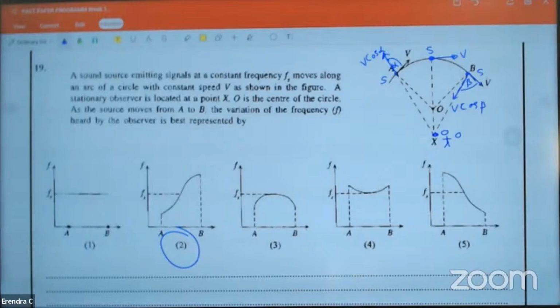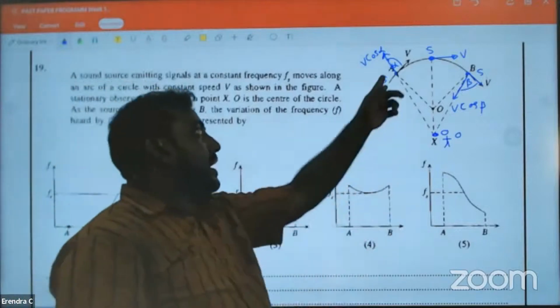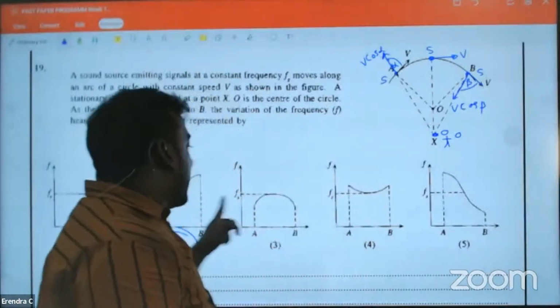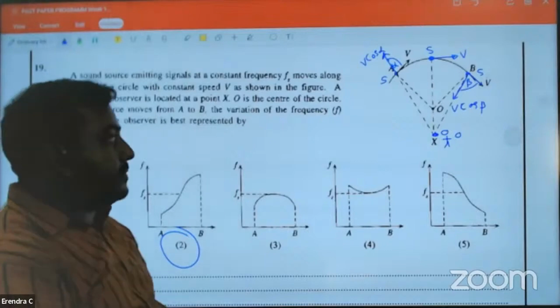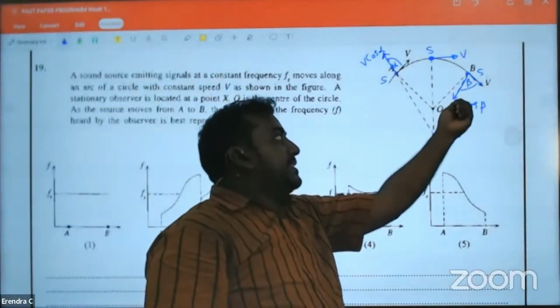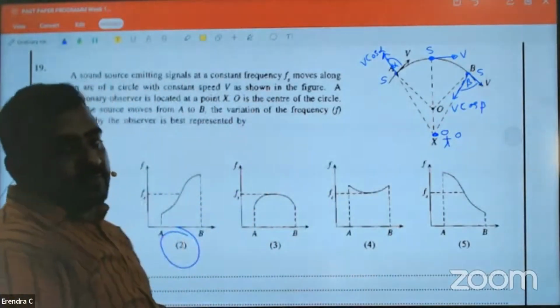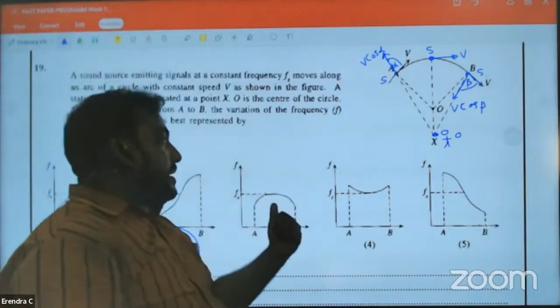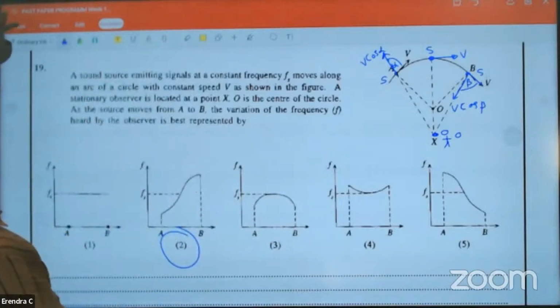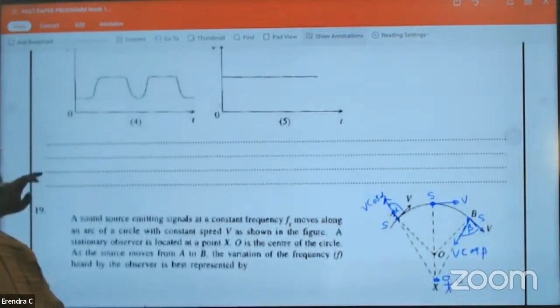This means apparent frequency is less than the actual. And at B, it is like the source is coming towards. That means apparent frequency is more than the actual.